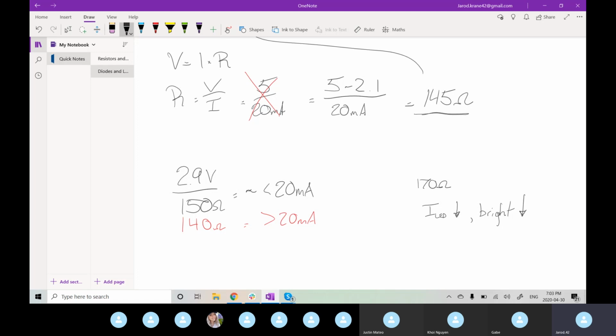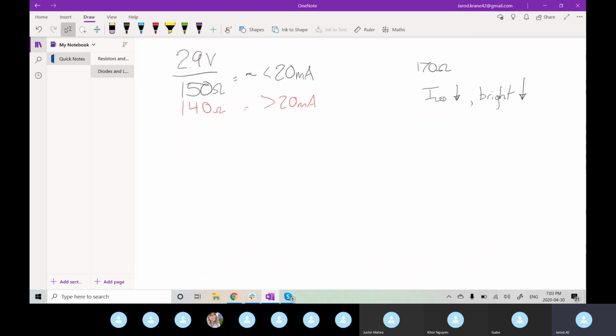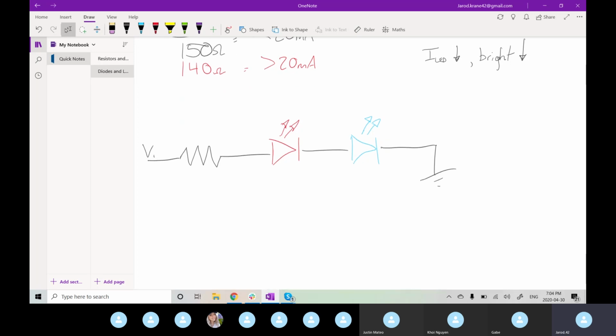Now, if we are to have multiple LEDs in series, you can have LEDs of different colors, so they will have different forward voltages.